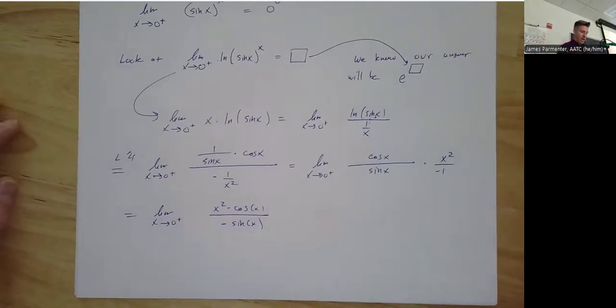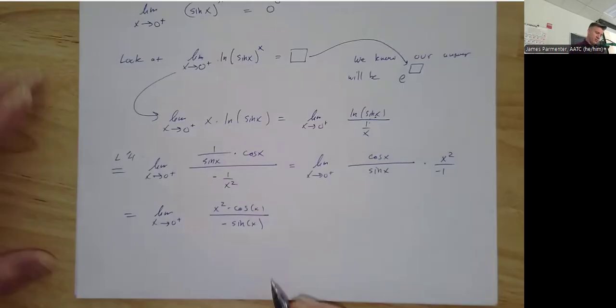Writing this as negative x squared times cotangent would mean I wouldn't be able to use L'Hopital's rule because it wouldn't be a fraction. So leaving it as cosine over sine is definitely required here. Plugging in 0, we do get 0 over 0.